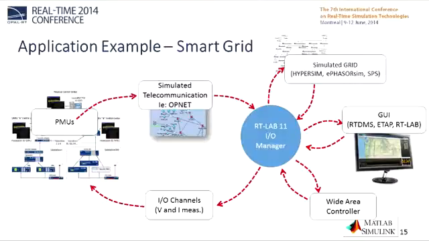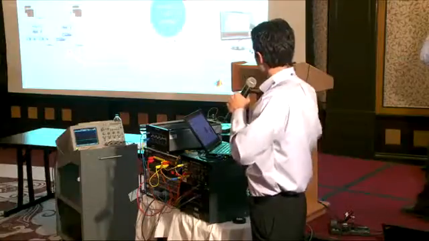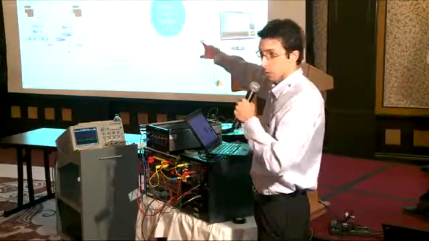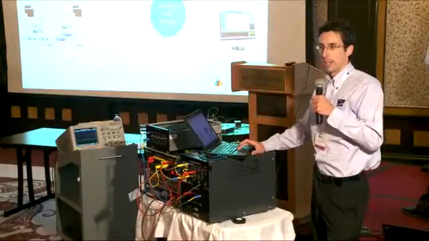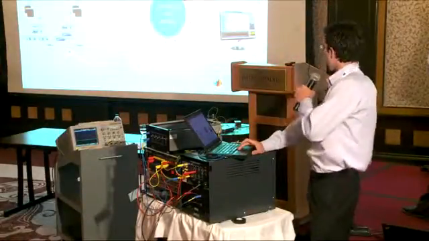We say, okay, let's take some measurements of the simulated grid, take the outputs, go out of the FPGA to analog output, go through amplifiers, and connect this to the voltage and current measurement of PMUs, so that we can actually connect the PMUs, the real ones, to a virtual grid, so that we can start prototyping protection scheme or PMU applications.